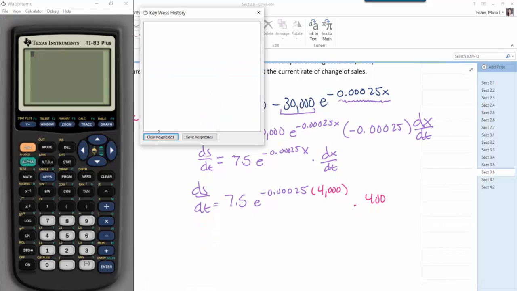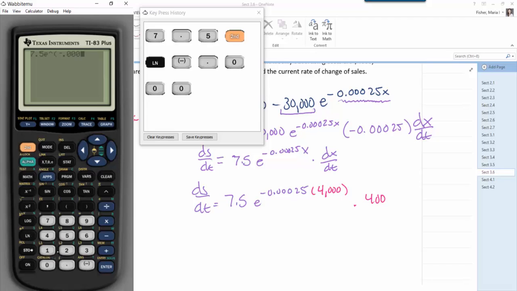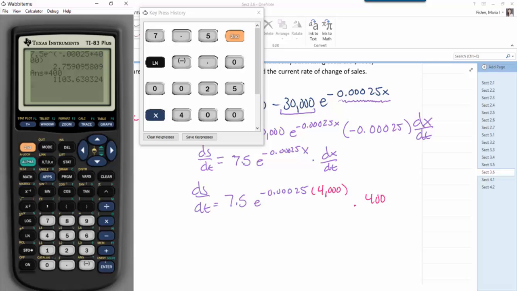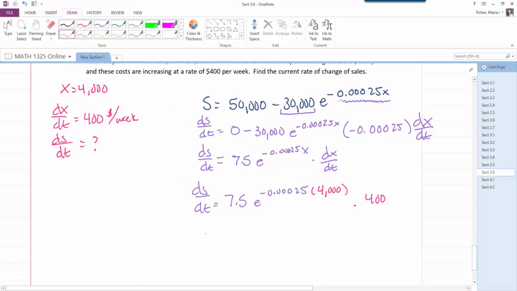So in a calculator, we would write 7.5 times e raised to the negative 0.00025 times 4,000, and then all of that multiplied by 400. To the nearest dollar, we're going to say that this is 1,104 per week. So the rate of change in my sales is going to be $1,104 per week. Well, that's it for section 3.6.